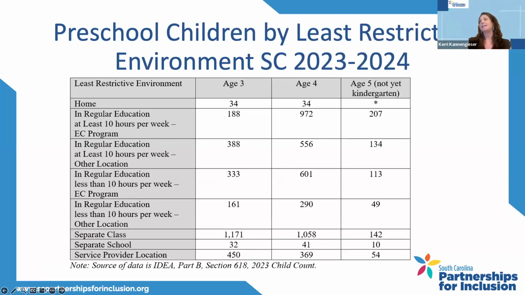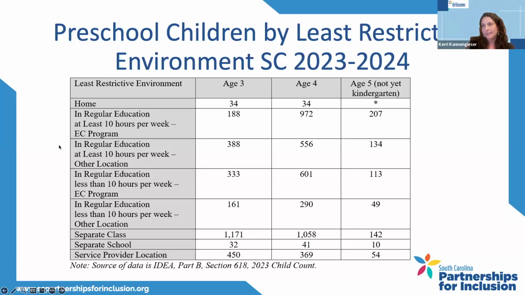And then if we're looking at, again, that 23-24 data, and we're breaking it down by a child's LRE, this is again how we look at that. We have a couple kiddos receiving their services at home. And then if we're talking about in that general regular early childhood program, at least 10 hours a week.